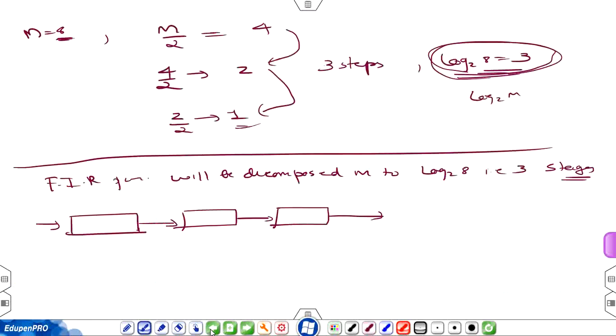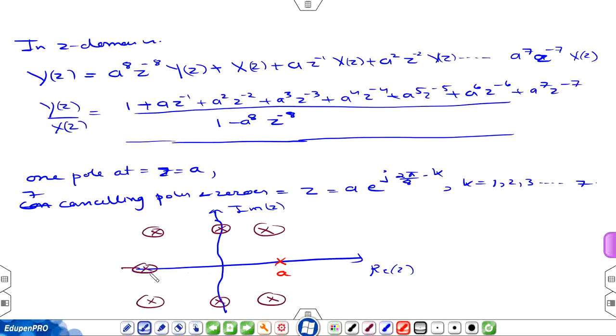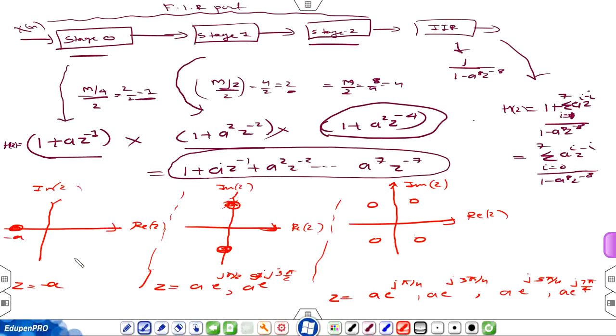Comparing these, the first part is having 0 at this location, the second part is having 0 at this location. The first part has only 1 zero, the second part has 2 zeros, and the third part has 4 zeros. So the number of zeros is 2 raised to power 0, 2 raised to power 1, 2 raised to power 2.